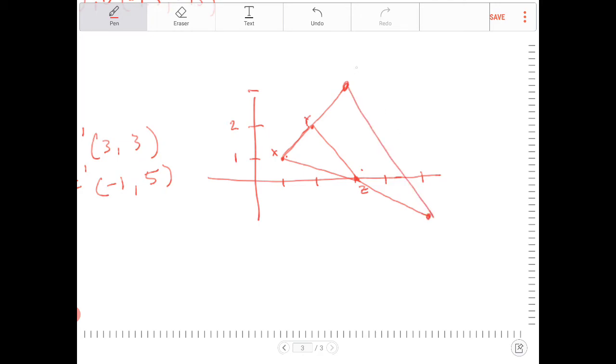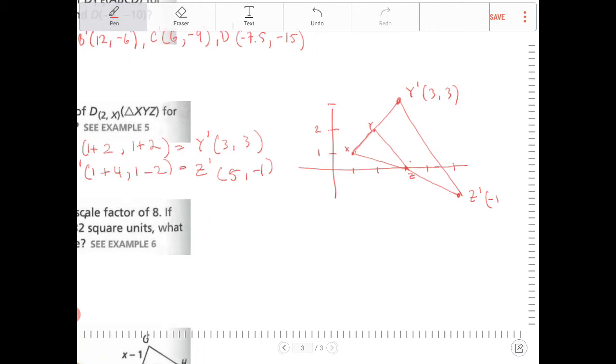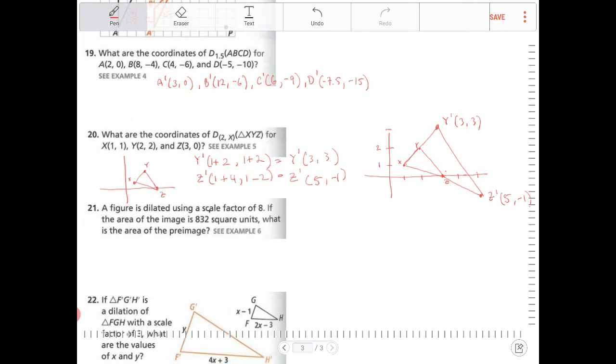So y prime is at 3, 3, and z prime is at, I'm sorry, it's at 5, -1. I got it backwards there. 5, -1. So this should be like that. So +4 and -2. So it's +5, -1.